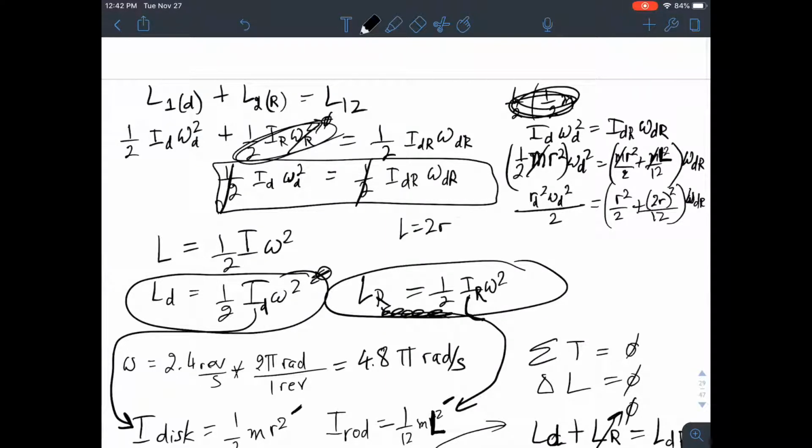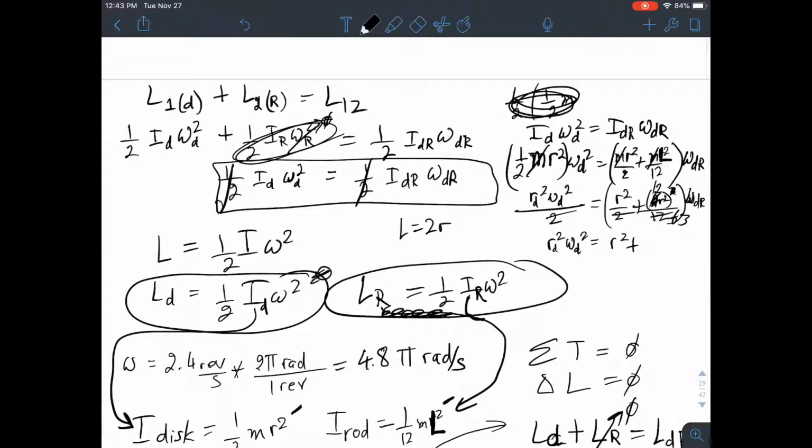Let's just get rid of 2 from all sides, and this would become 6, and 2 1s are 2, 2 3s is 6. So r d squared w d squared equals r squared plus, actually it's 2 times 2, 4, so this was 4, so 2 is still left here, and this becomes r squared, so it's 4r squared.